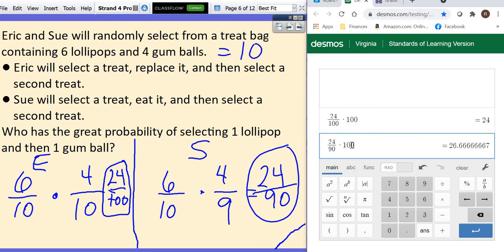So who has a better chance of selecting a lollipop and then a gumball? Well, Eric has a 24% chance and Sue has a 27% chance. So Sue has the greatest chance of getting one lollipop and then one gumball. Okay? All right.